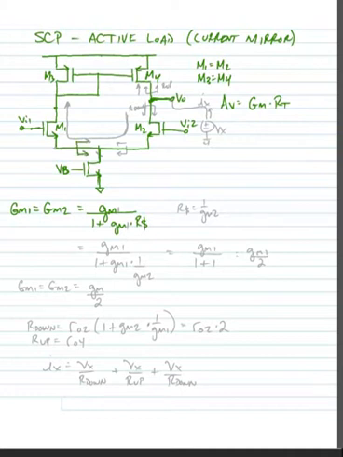In this case, the resistance that we see looking from the source of M1 is 1 over GM2. So this would be GM1 divided by 1 plus GM1 times 1 over GM2.